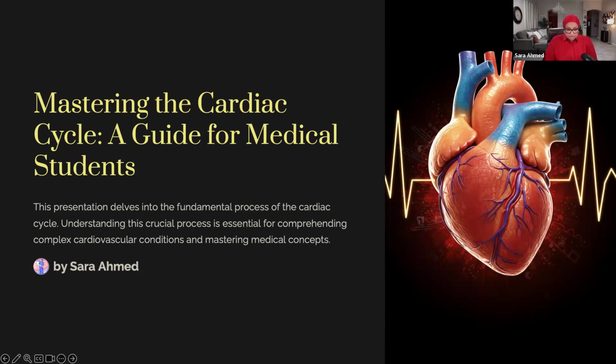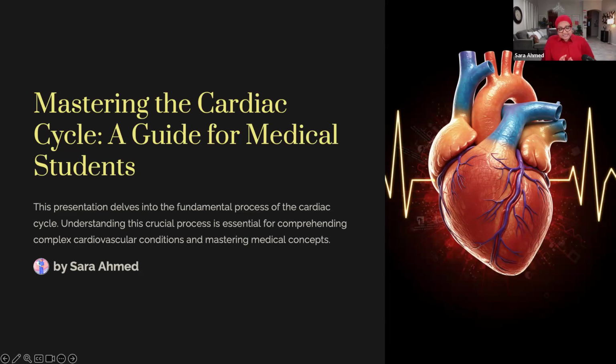So grasping these complex conditions of cardiovascular diseases like heart failure, atrial fibrillation, and arrhythmias is crucial. And as internists, we rely on this kind of basic knowledge all the time.